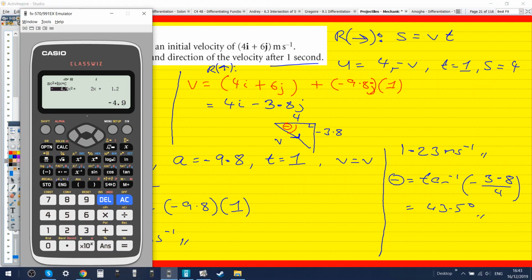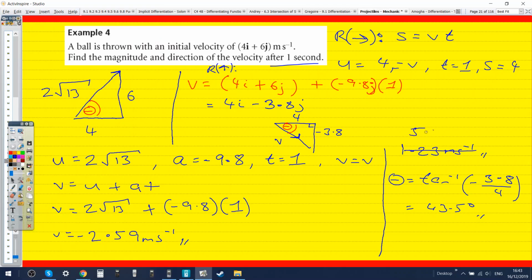Or did you put the minus in a bracket? So 4 squared plus, in a bracket, minus 3.8. Yeah, so it's 5.5. And so that one should be 5.5 meters per second.